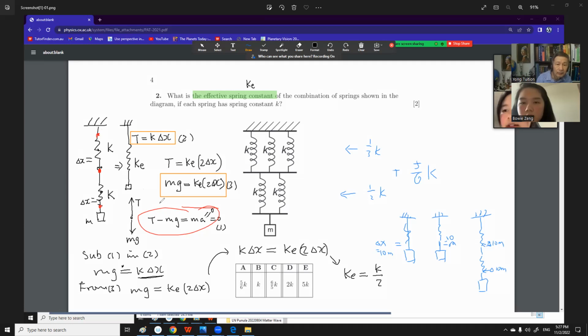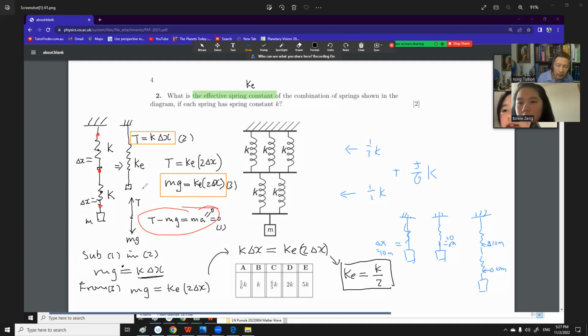So in this way, we can find the tension, and the displacement is 2 delta x. After we know this formula, we can equalize this tension to this formula. Eventually we got that the effective constant is half. Have you followed this idea?